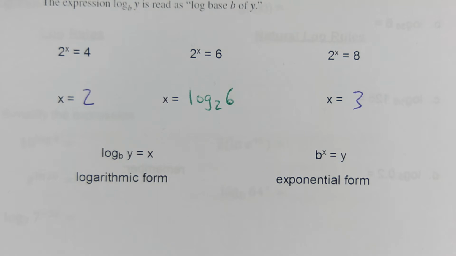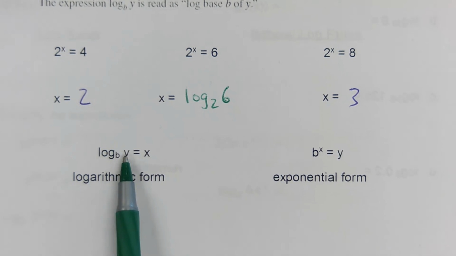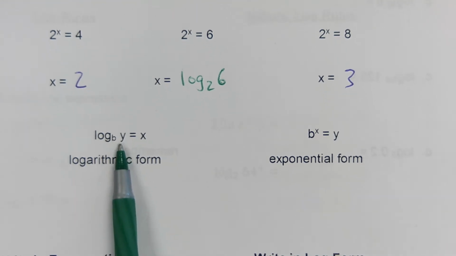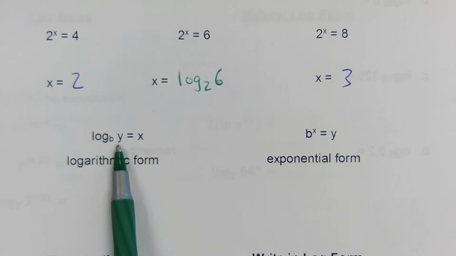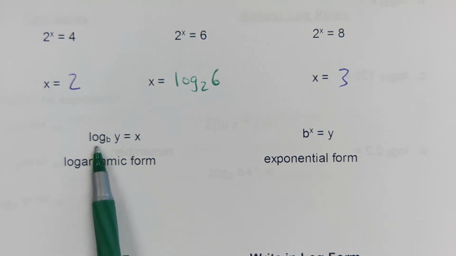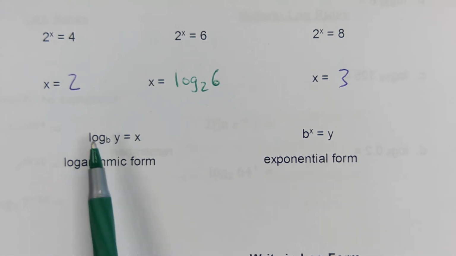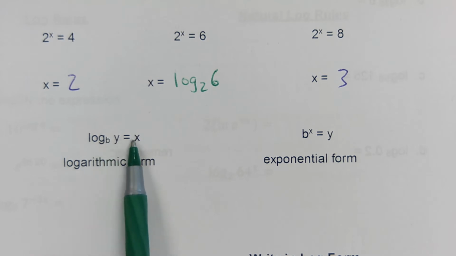Let me show you the way that a lot of Algebra 2 teachers teach this stuff. They say, okay, this is logarithmic form of a true statement. And I recognize it as logarithmic form because it has a log in it. Does that make sense? So I say, oh, log base b of y equals x.